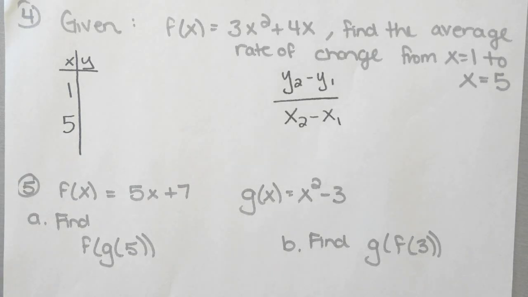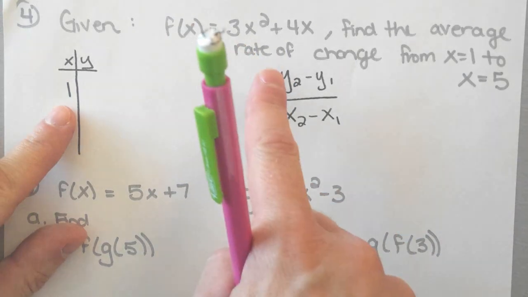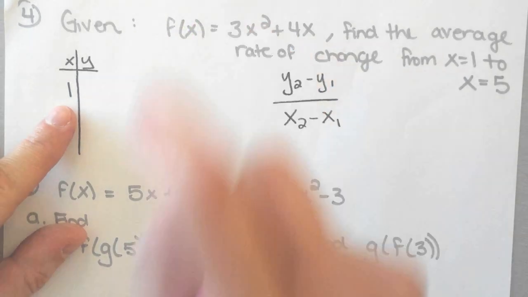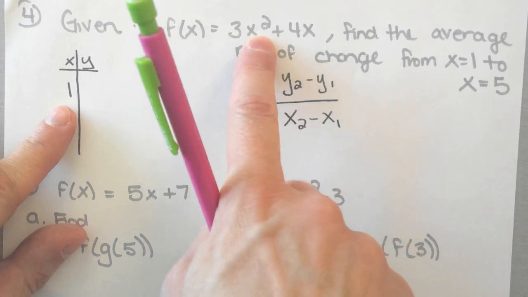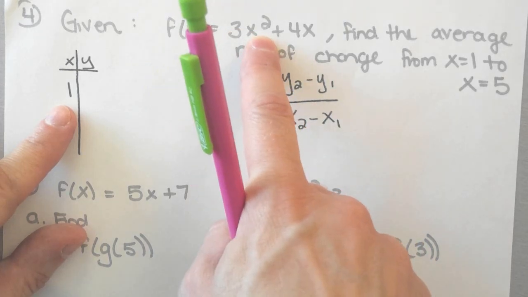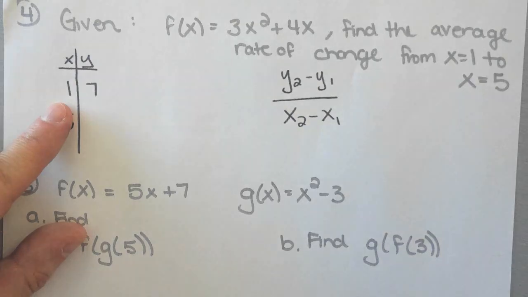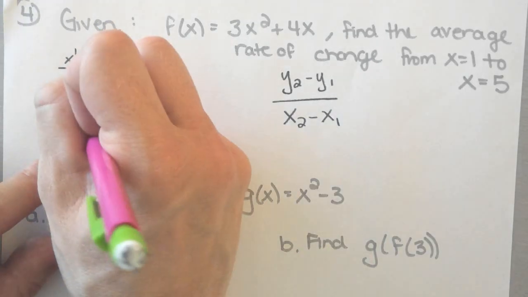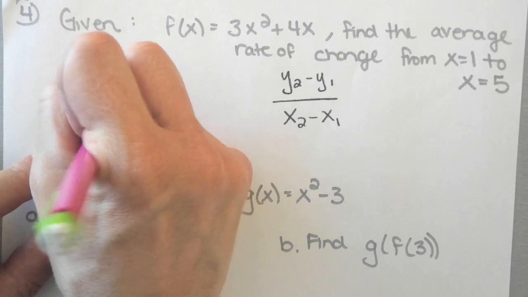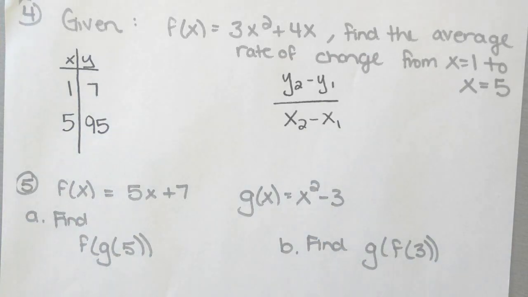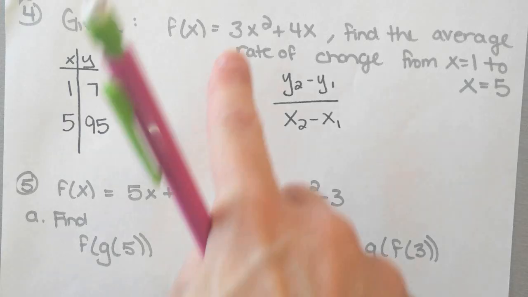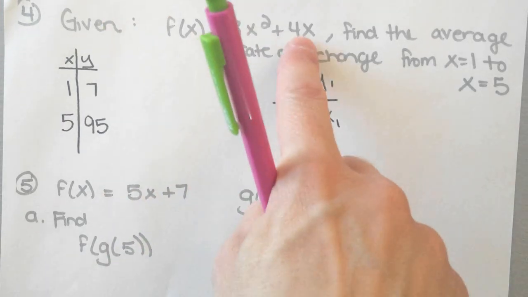Before I plug into this formula, I want to plug in here. So 3 times 1 squared plus 4 times 1 is going to give me 7. And then this one, when I plug in, should give me 95. So you're plugging in the 5. 5 squared is 25, so this makes it 75 plus 20.